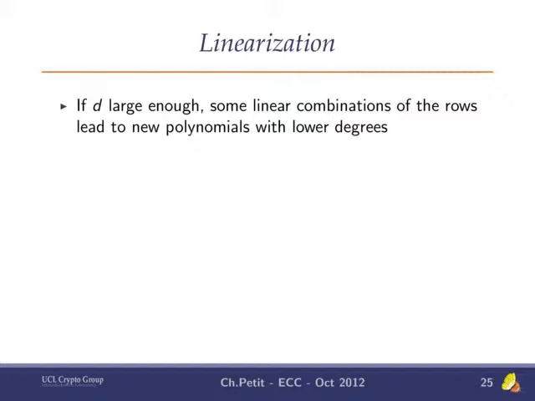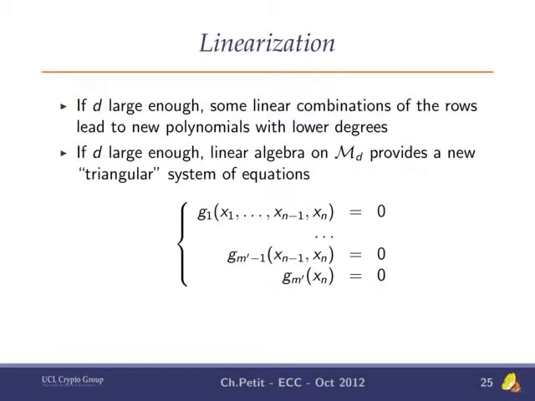And again, if D is large enough, then you can perform linear algebra on MD, and you will get a triangular system of equations, like in Gaussian elimination, that has the following form. The last equation only depends on the last variable, so you can solve this using, for example, Berlekamp's algorithm. Then once you have the solution in xn, you just put it here and recover the value of xn minus 1, etc., etc.